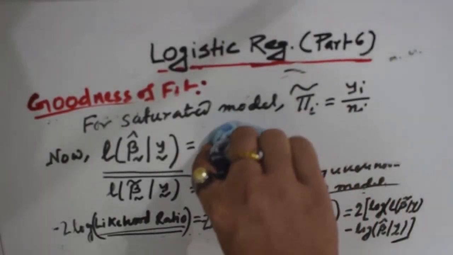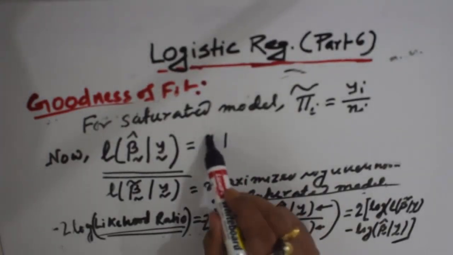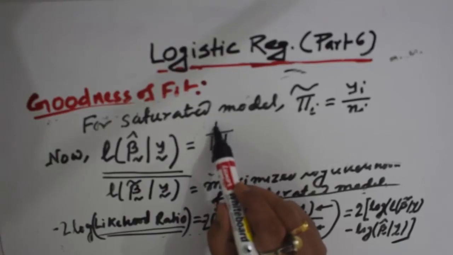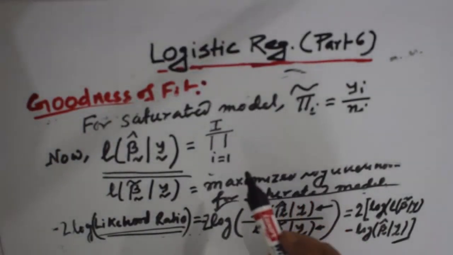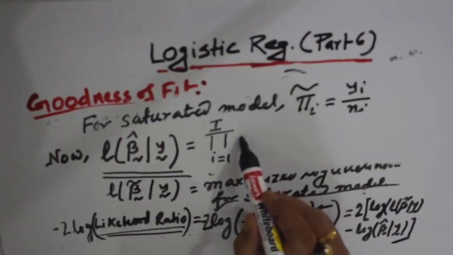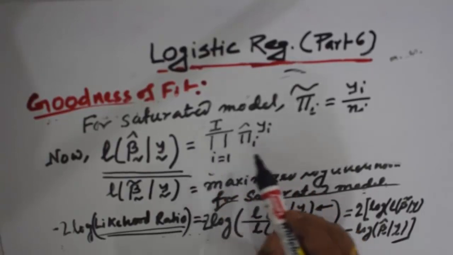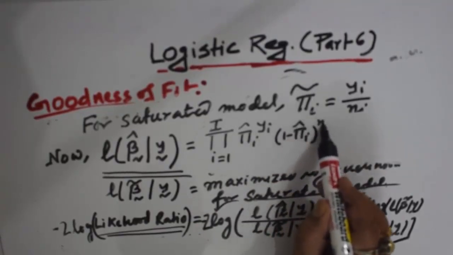Now if we ignore the combinatorial part, then this should be the product over I from 1 to capital I of pi I hat to the yi, times 1 minus pi I hat to the ni minus yi.